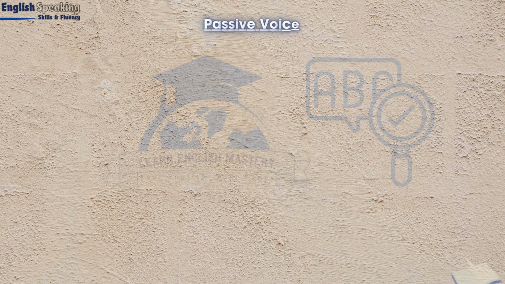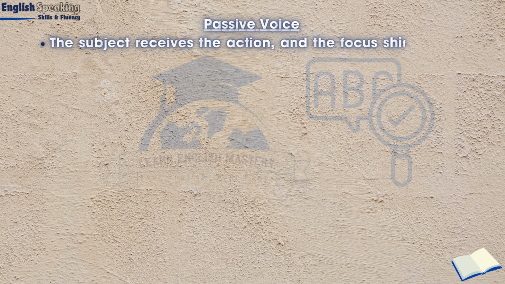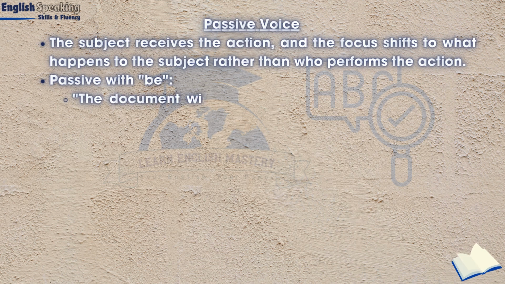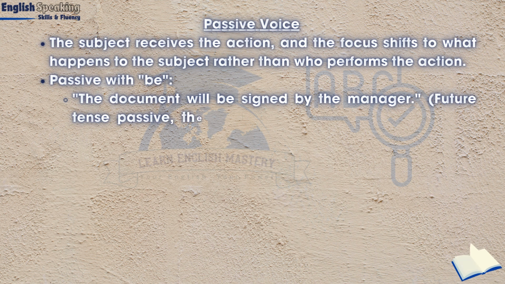Passive voice: the subject receives the action, and the focus shifts to what happens to the subject rather than who performs the action. Passive with be, the document will be signed by the manager. Future tense passive, the action of signing will happen to the document.